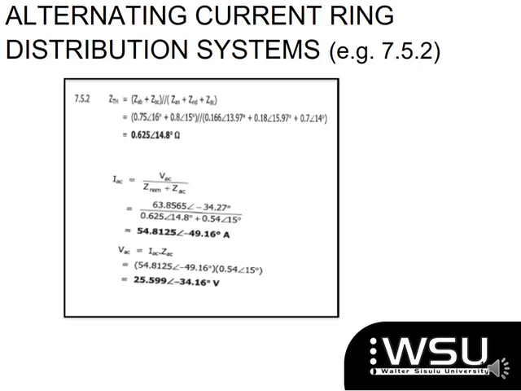And then I multiply it by my ZAC. Okay. And that gives me that 25.599. So you can see that without the interconnector, that voltage drop was 63.85, and with the interconnector, that same voltage drop was now 25.599. It became less with the interconnector in the system.